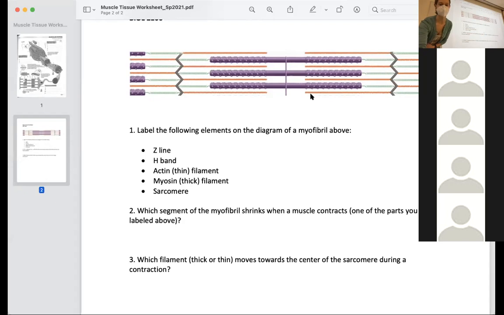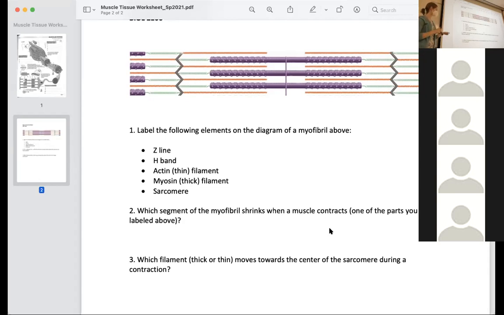So this section here, the H band will disappear. The Z discs also kind of come together a little bit. So the whole sarcomere shortens. So when I said which section shrinks, that would be both of them, the whole sarcomere as well as that H band. The H band is the one that actually disappears.